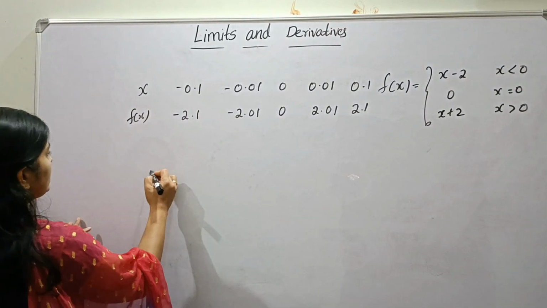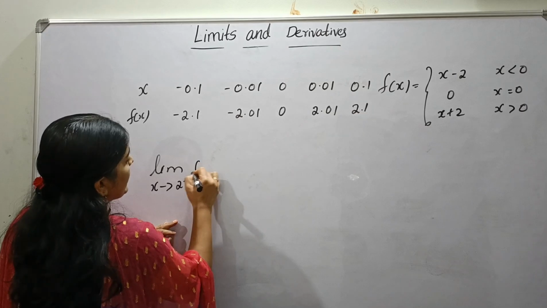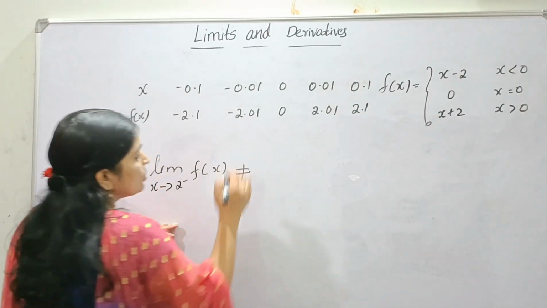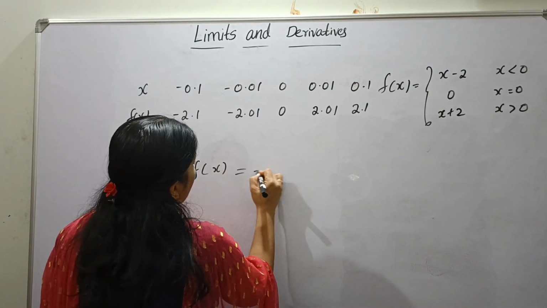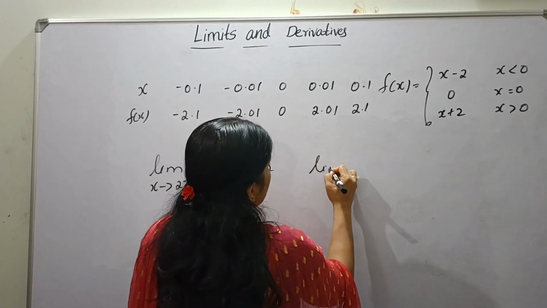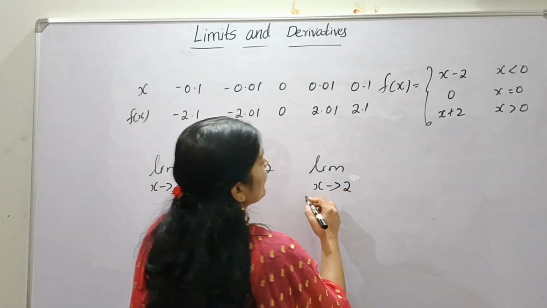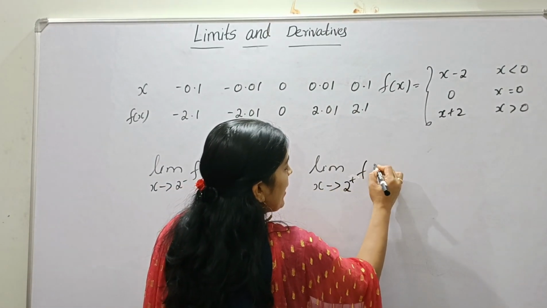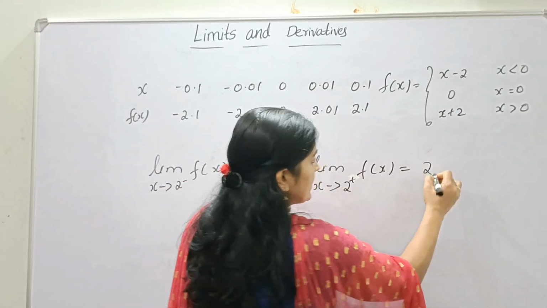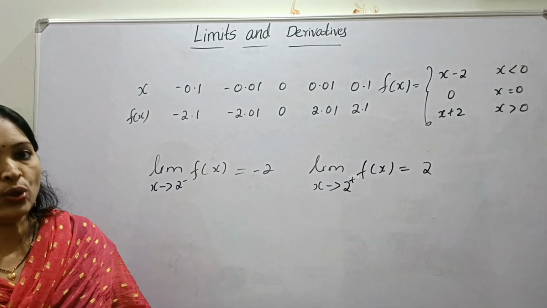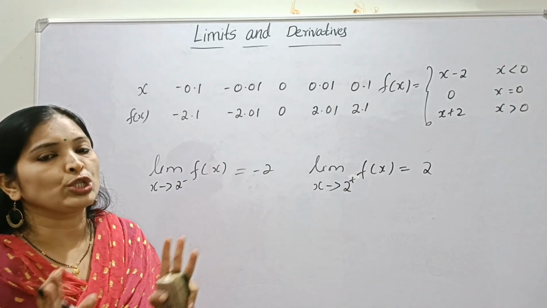We can write limit x tends to 0 minus of f of x is not equal to, see here it tends to minus 2, right? So I will write it as minus 2. When the values of x tend to greater than 0, or we can write limit x tends to 0 plus f of x, f of x tends to 2. Here on the left hand, the value of f of x approaches minus 2.